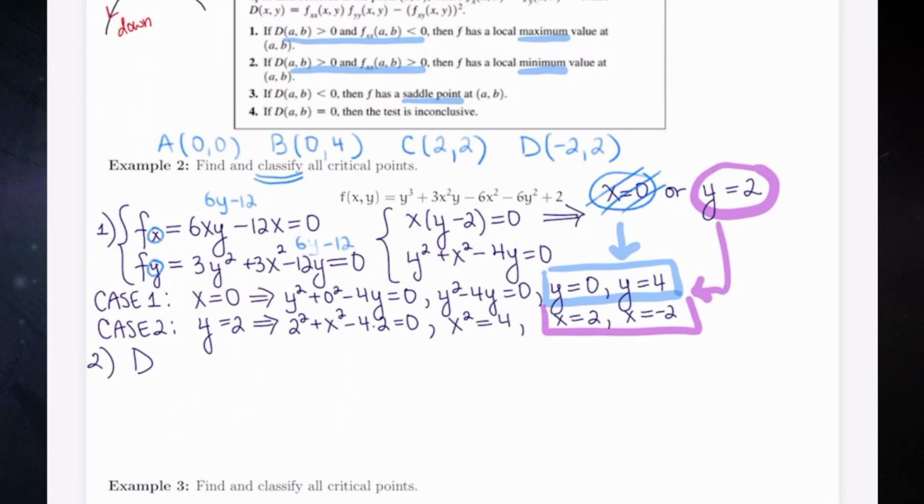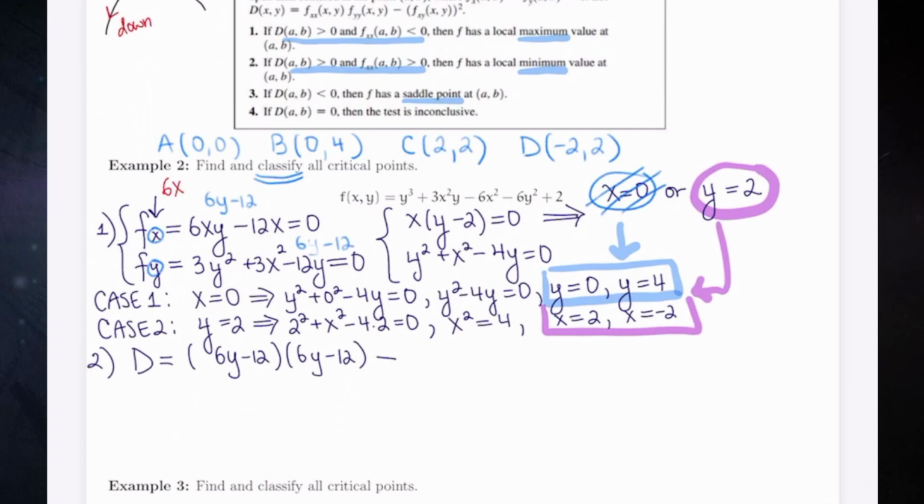So now we do what? 6y minus 12 times 6y minus 12 minus the mixed partial, f sub x, y. What do we get there? I'm going to go back over here. If we differentiate this with respect to y, we're going to get 6x.